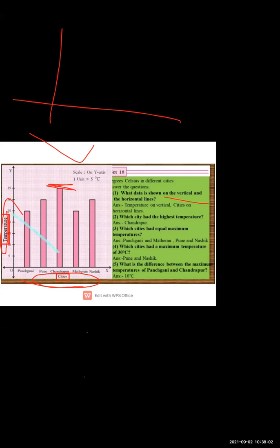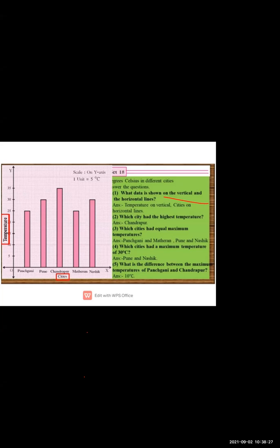Next question is, which cities had equal maximum temperature? Equal maximum means which cities have the same temperature?